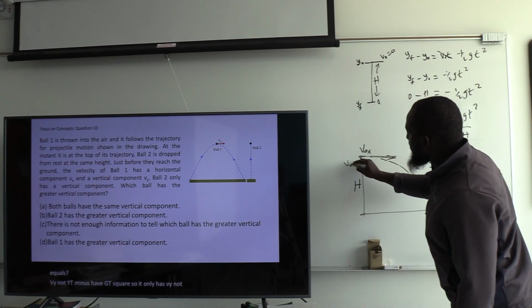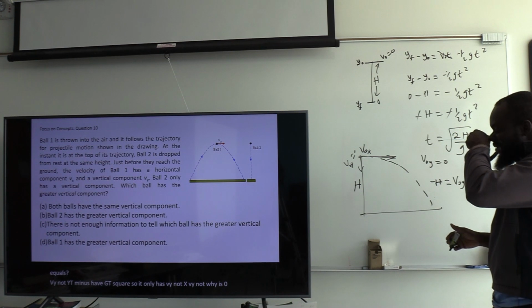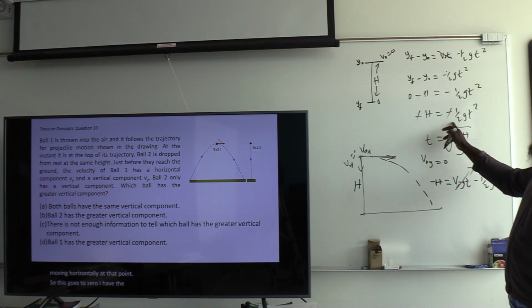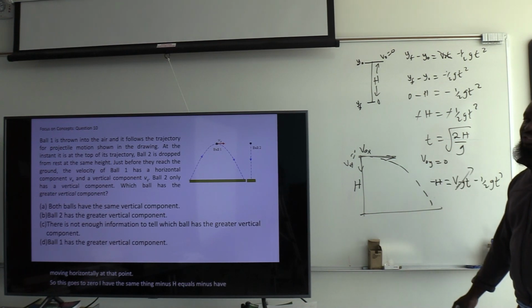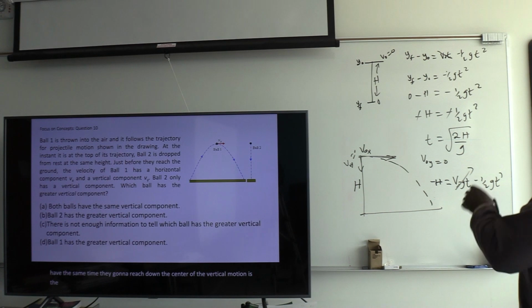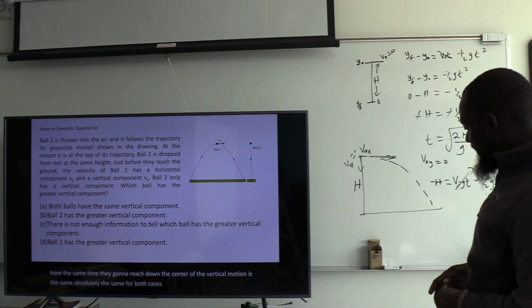V naught y is 0 because it's moving horizontally at that point. So this goes to 0. I have the same thing, minus h equals minus half g t squared. So I have the same time. They're going to reach down at the same time. The vertical motion is absolutely the same for both cases.